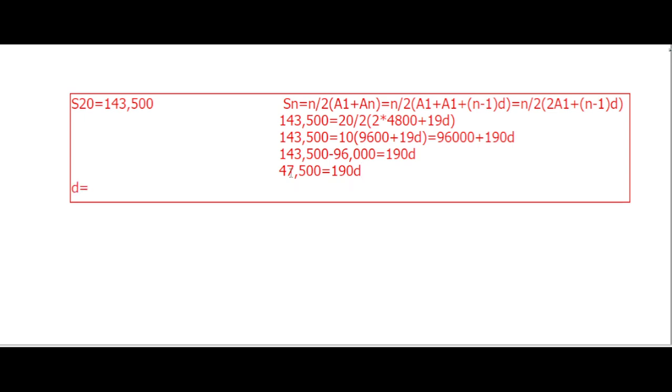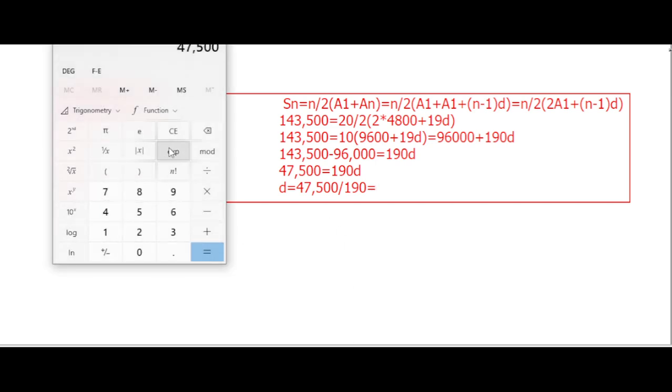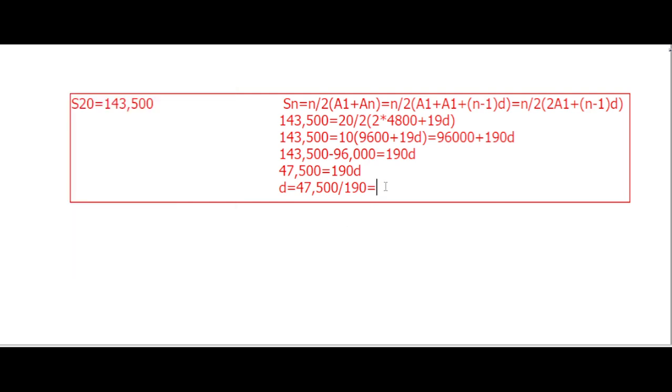So d is equal to 47,500 over 190. Let's calculate it: 47,500 divided by 190 is equal to 250. So this is the common difference d.